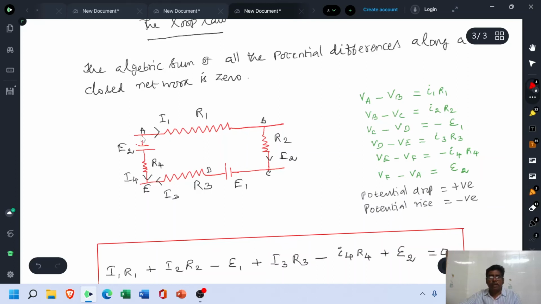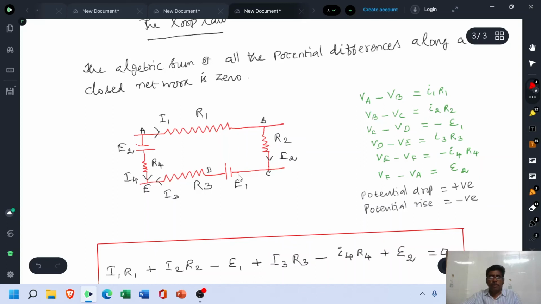Say A to B, VA minus VB is equal to I1 R1. This is a potential drop, so we are taking the positive sign. Then VB minus VC is equal to I2 R2. Here also it is a potential drop, so we are giving a positive sign.